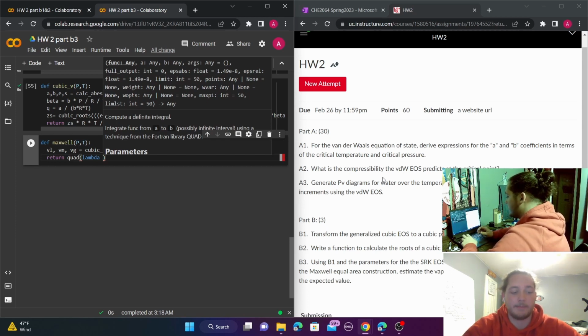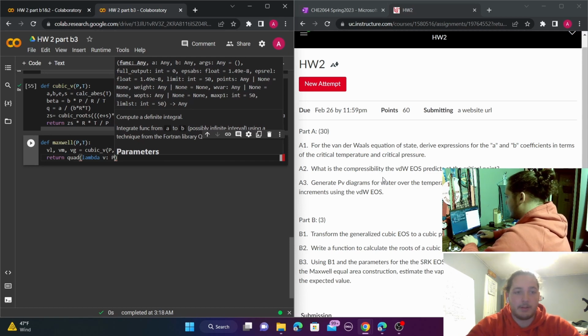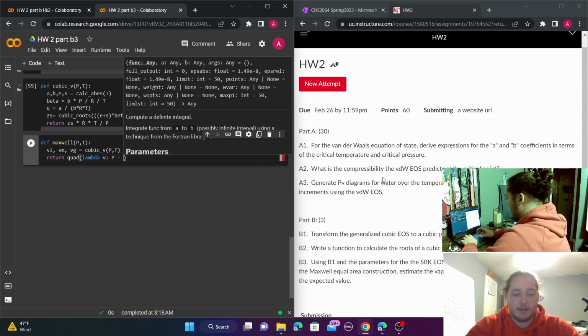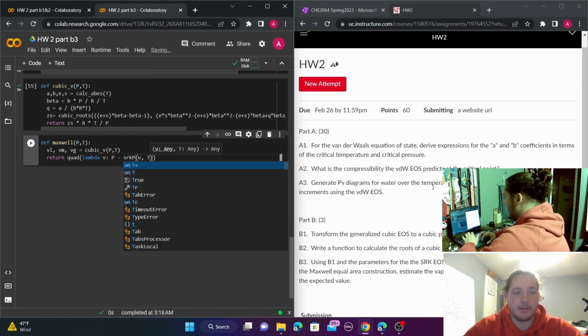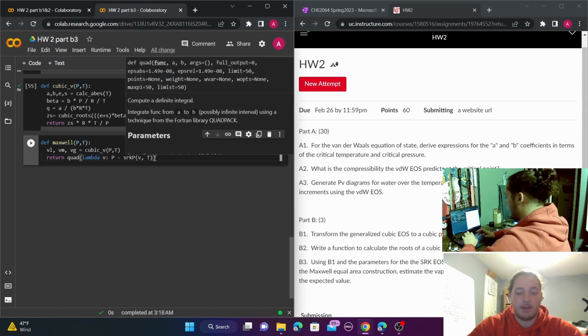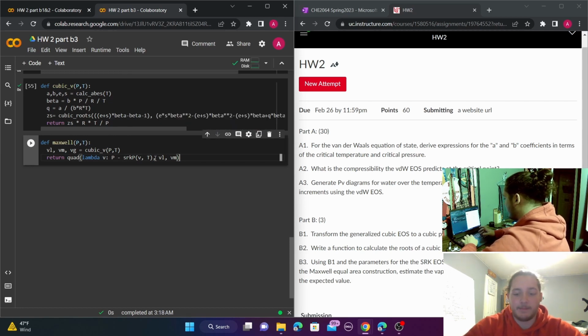So we have lambda v, and our parameters are going to be pressure minus our SRK P of V of T, and we're going to use that array of our volumes and temperatures. And the rest of our parameters are going to be VL, VM. And then we're going to set a 0.